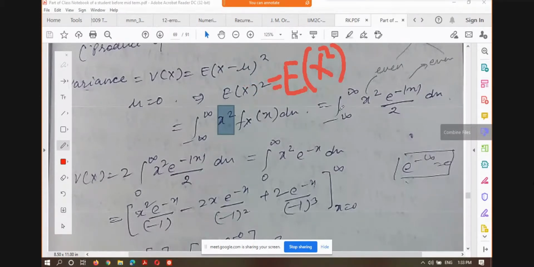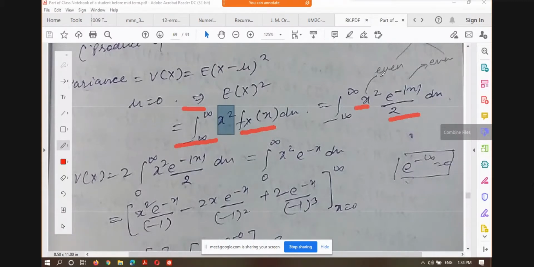Okay. So if this is the expectation of x square, you know how we write the definition. The definition is x square into the density function, within the domain minus infinity to plus infinity. So we have substituted the value. The value we have calculated is 1 by 2 e raised to power minus mod x, and this is x square.